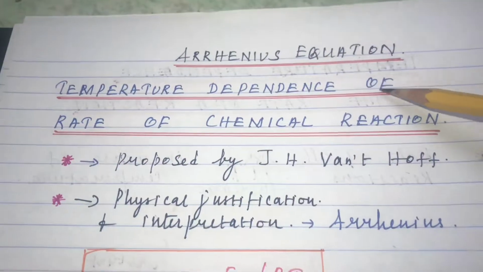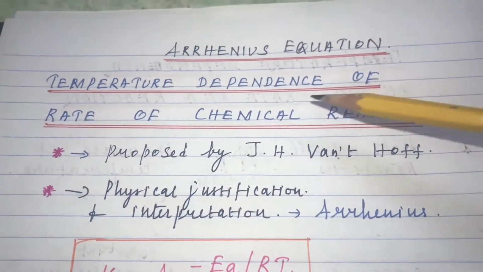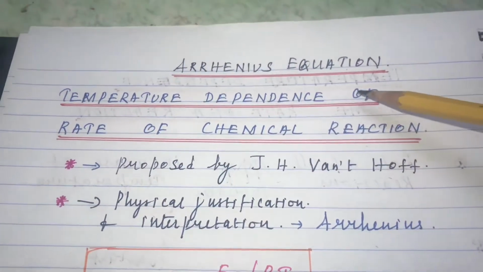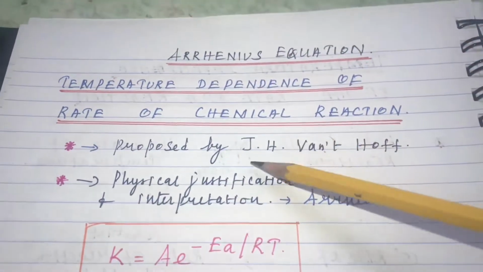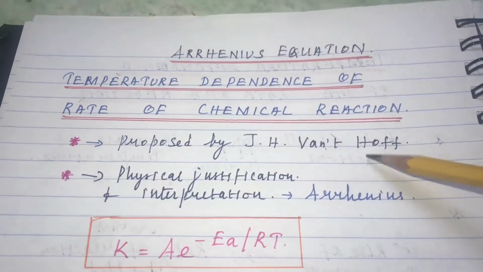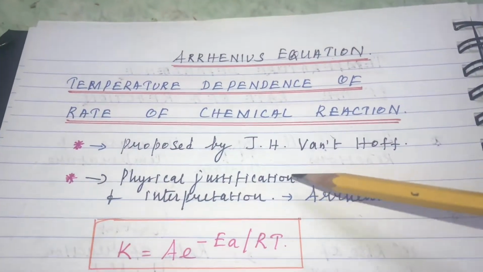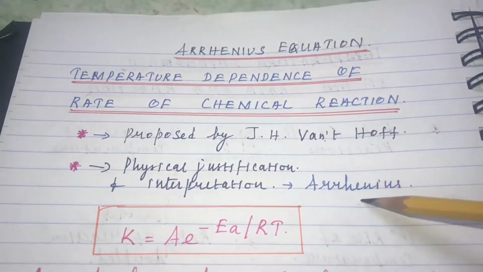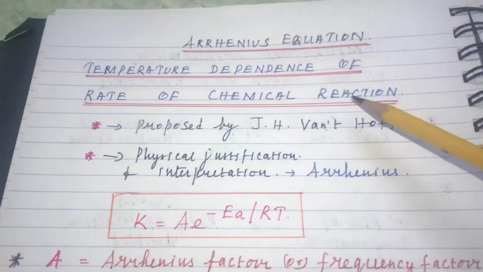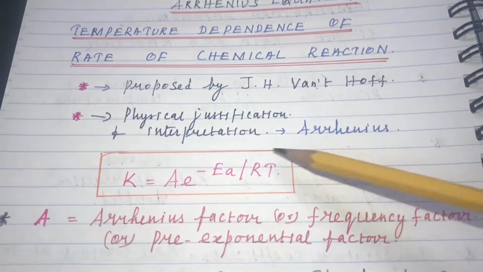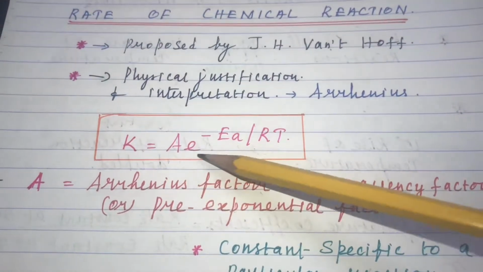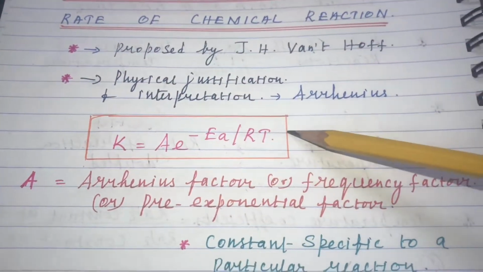Arrhenius equation. Temperature dependence of the rate of chemical reaction. The temperature dependence of the rate of chemical reaction was proposed by J.H. Van 't Hoff. Physical justification and interpretation were made by Arrhenius. The effect of temperature on the rate of chemical reaction is given by the equation K = A e^(-Ea/RT).